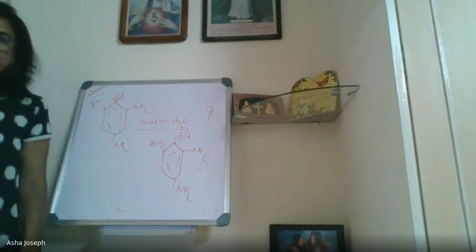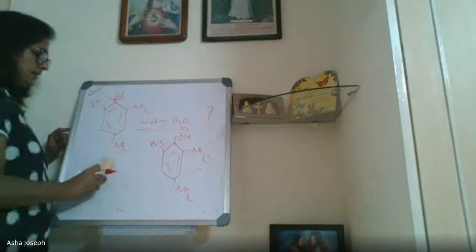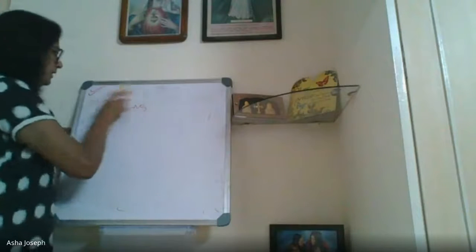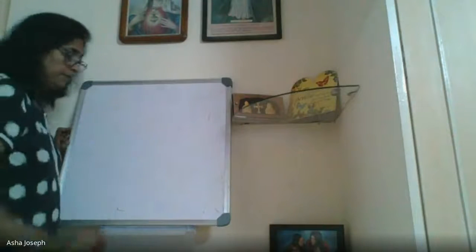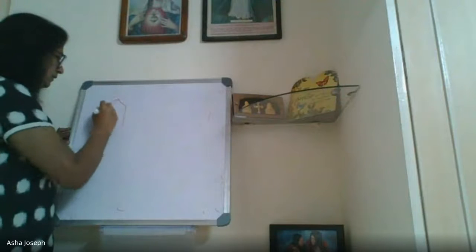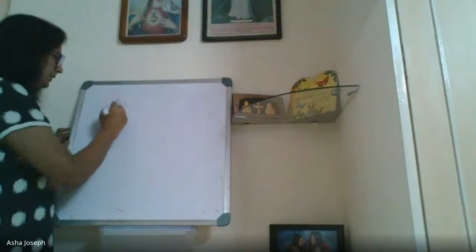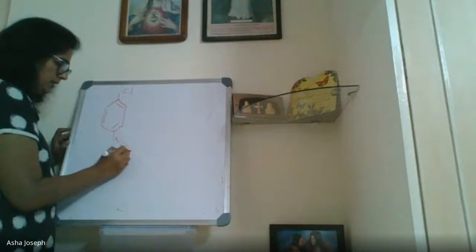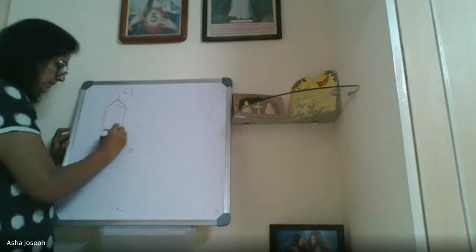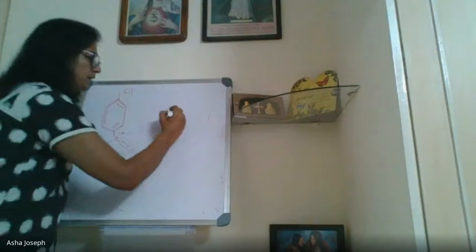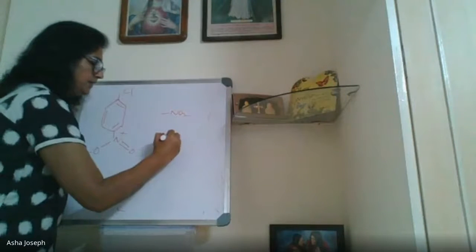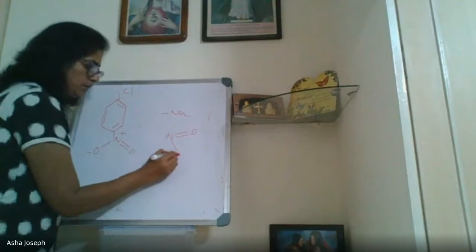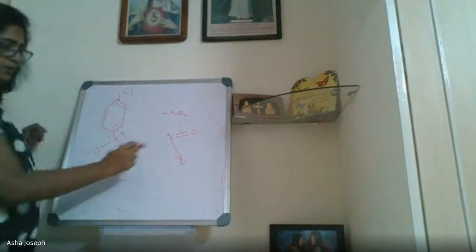So I am going to explain. I will take the para nitro and explain. I take chlorobenzene and NO2 is at the para position. Now see the NO2 structure: N double bond O, and one more is a coordinate bond.